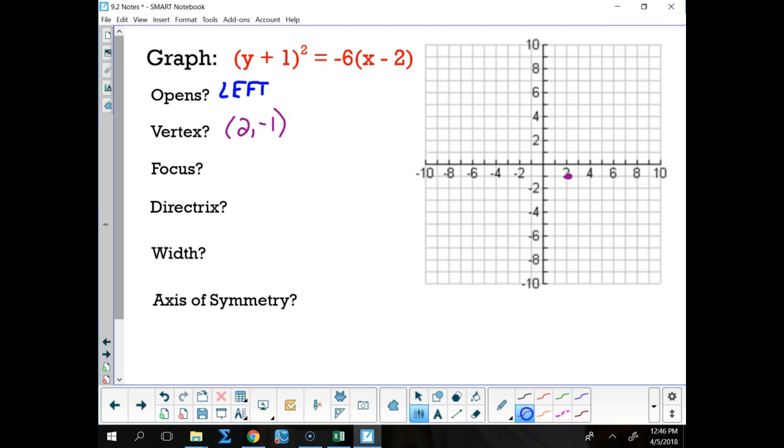For P, can I just write 4P as 6, because we've already used the negative aspect to it? Okay. So then what's P? 1.5, right? Okay.